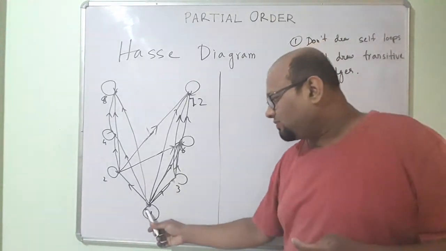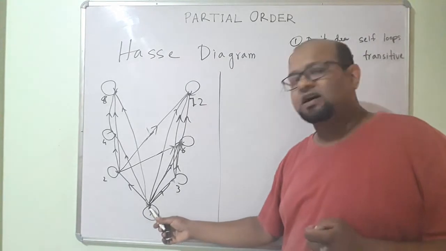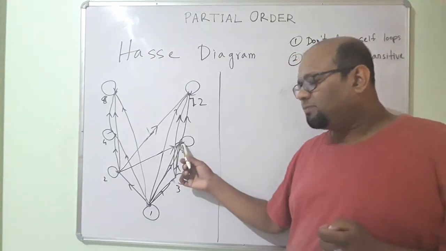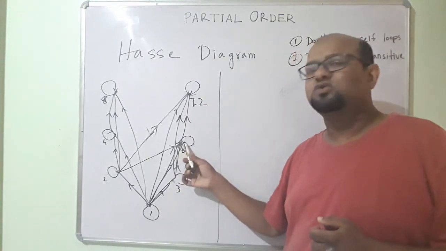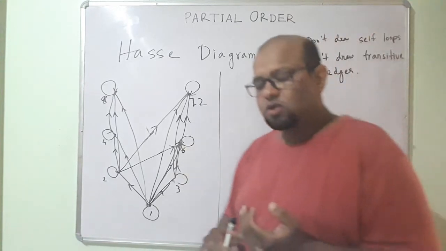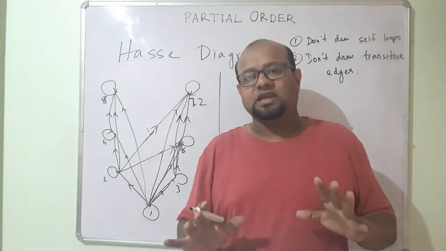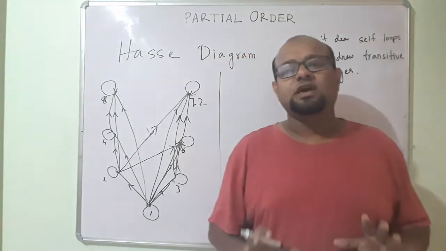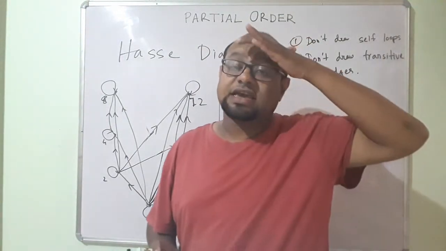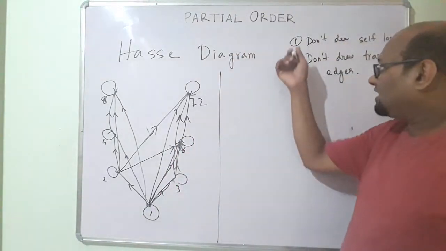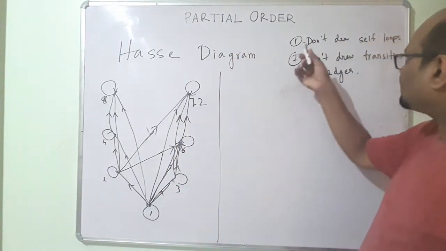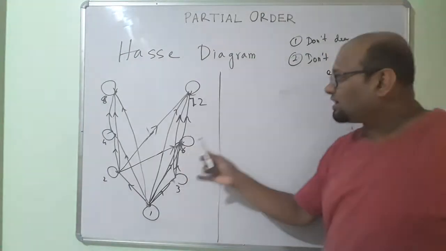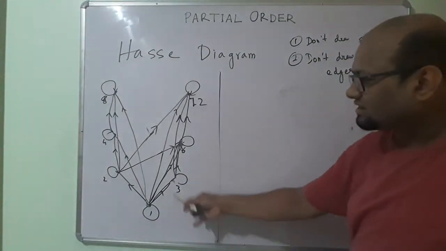Since it is transitive, if there is an edge from A to B and B to C, there will be an edge from A to C. So these are implied. I don't need to draw the self loops or the transitive edges.